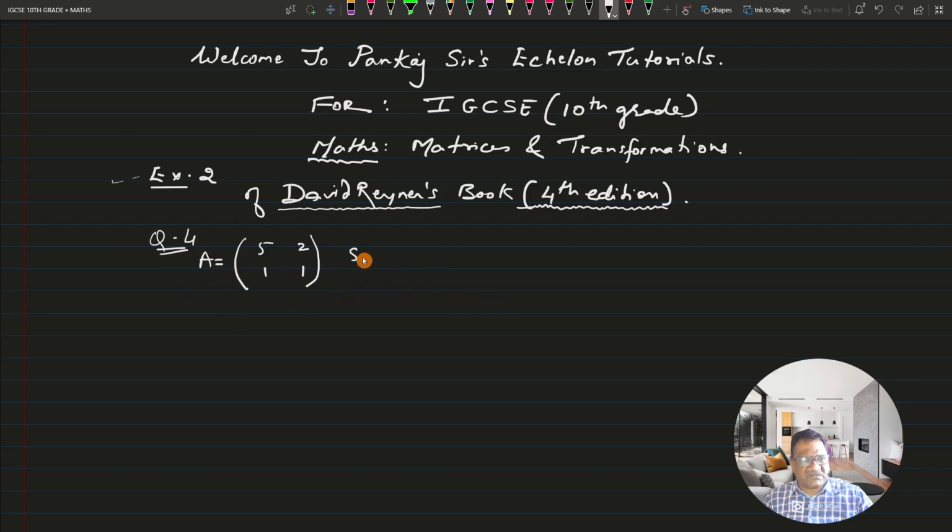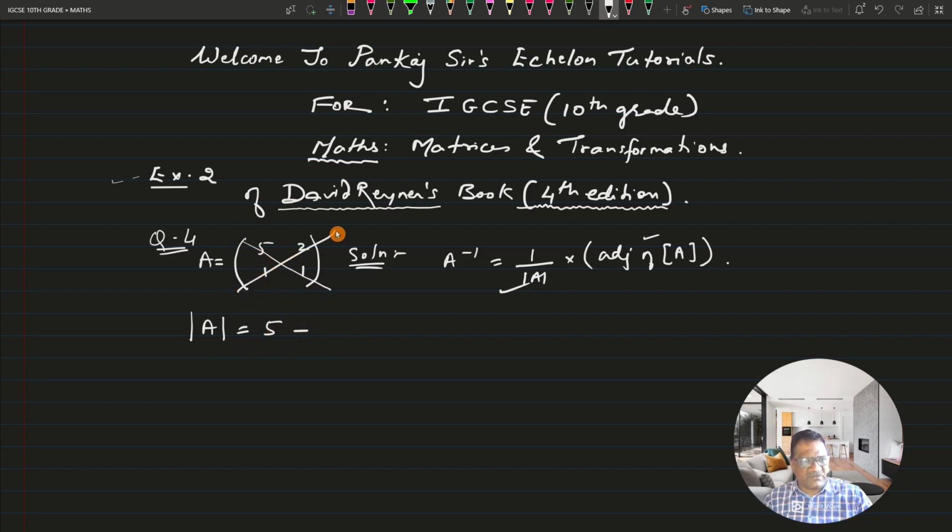Let us do the solution. To find the inverse of matrix A, you have to use this formula: A inverse is equal to 1 upon determinant of A multiplied by the adjoint of the matrix A. So you need to find the determinant and the adjoint of A. First, the determinant of A is 5 into 1, that is 5, minus 2 into 1, that is 2.